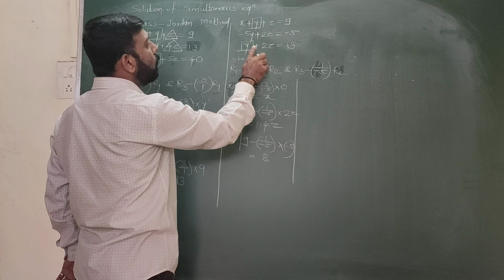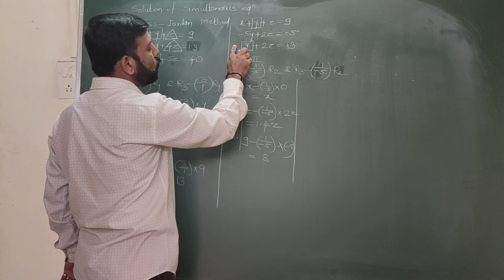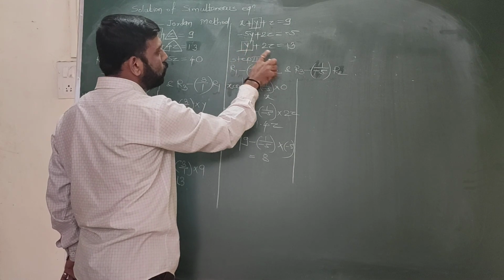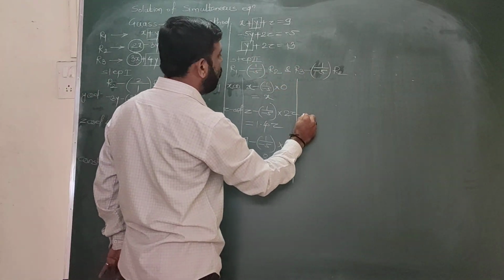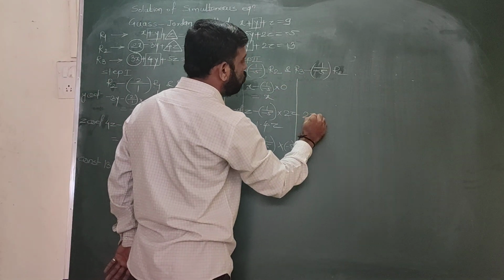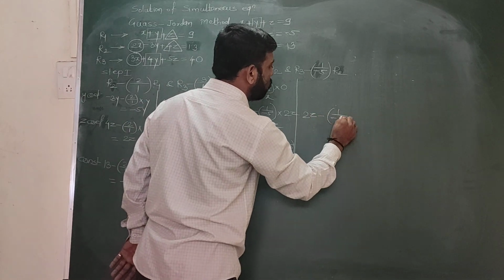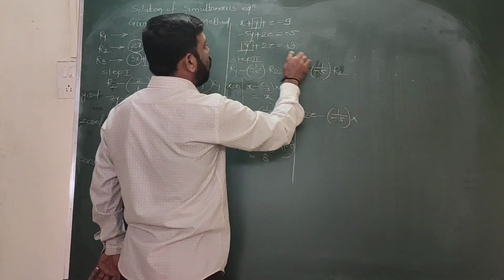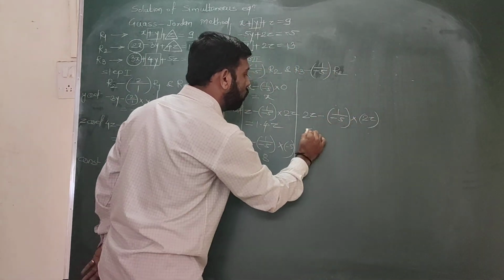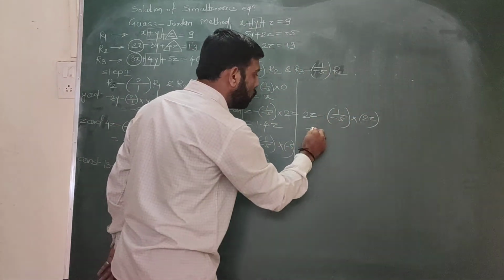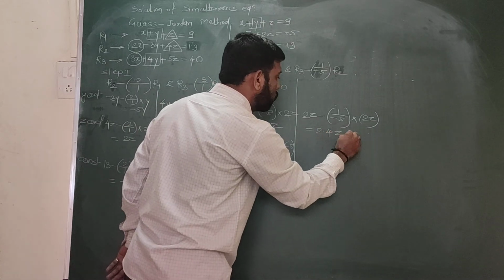Similarly, in R3, the X coefficient is already 0, and Y becomes 0 with this operation. Now the discussion for Z and the constant. So 2Z minus its R2 value 2Z, which equals 2.4Z.